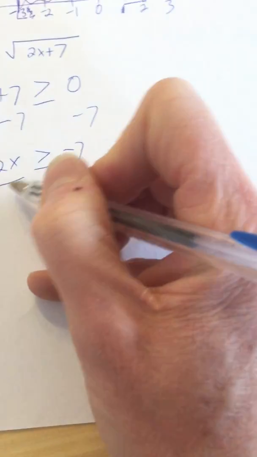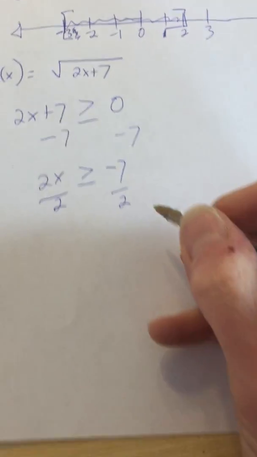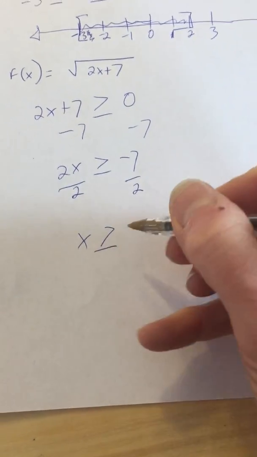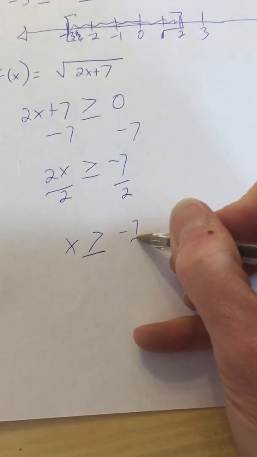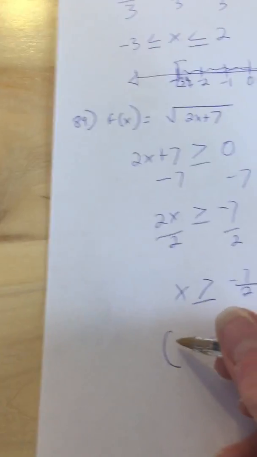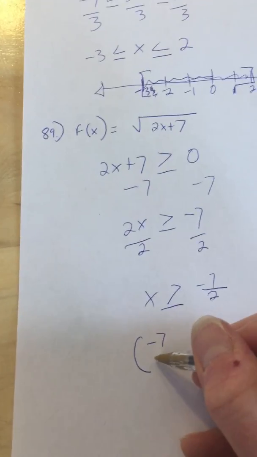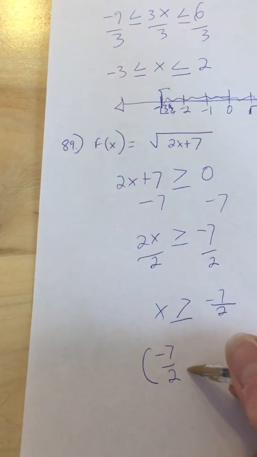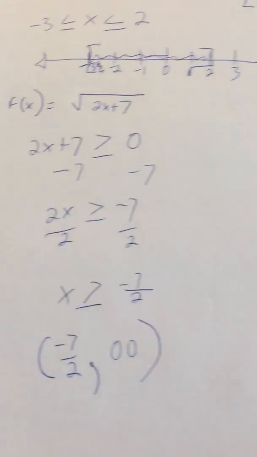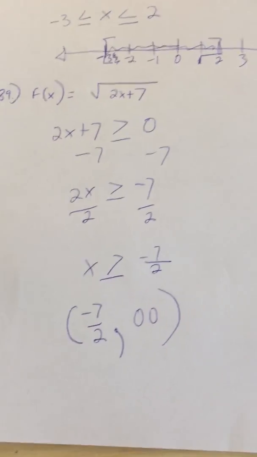And then I'm going to divide this by 2 and divide this by 2. And now I have x is greater than or equal to -7/2. Whoa, that wasn't written very well. So if you write that, you would write it like this, because you're starting at -7/2 and you're going all the way to positive infinity because x must be greater than that. Hope that makes sense.